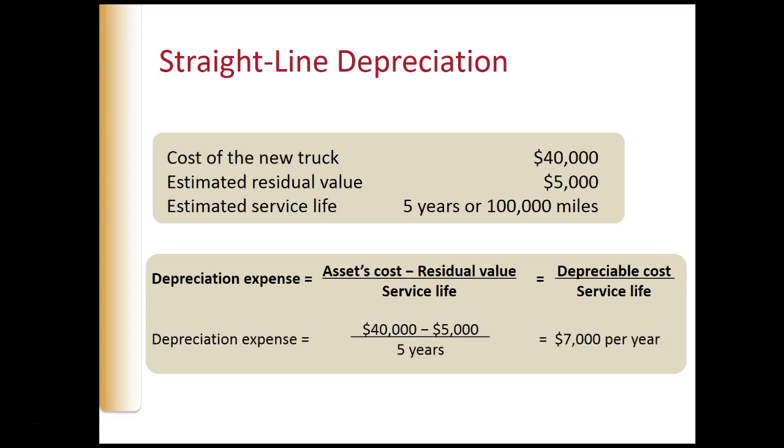So if the asset's service life is 5 years, then we take the asset's cost minus the residual, which can also be called salvage value, and divide that by its estimated life for a depreciable cost of $7,000 per year.